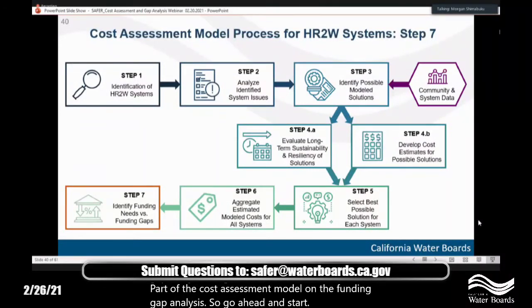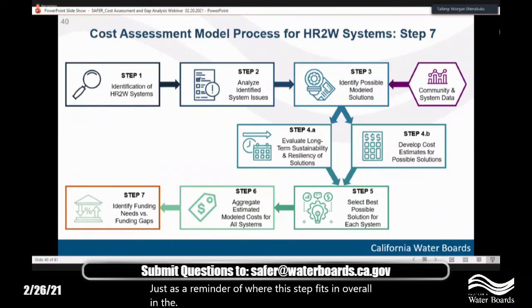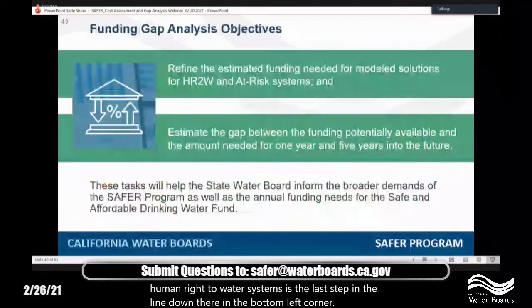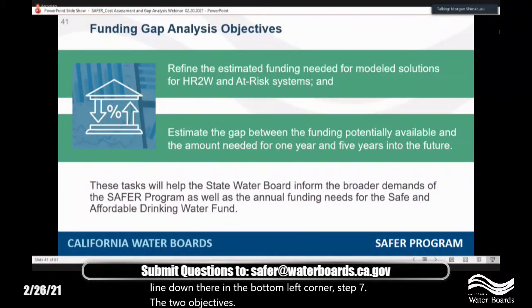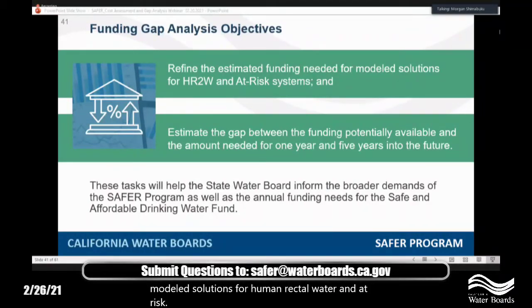Just as a reminder of where this step fits in overall in the cost assessment model process for human right to water systems, it's the last step in the line down there in the bottom left corner, step 7. The two objectives of the funding gap analysis include refining the estimated funding needed for modeled solutions for human right to water and at-risk systems, and then to also estimate the gap between the funding potentially available for the SAFER program and the amount needed for 1 year and 5 years into the future.